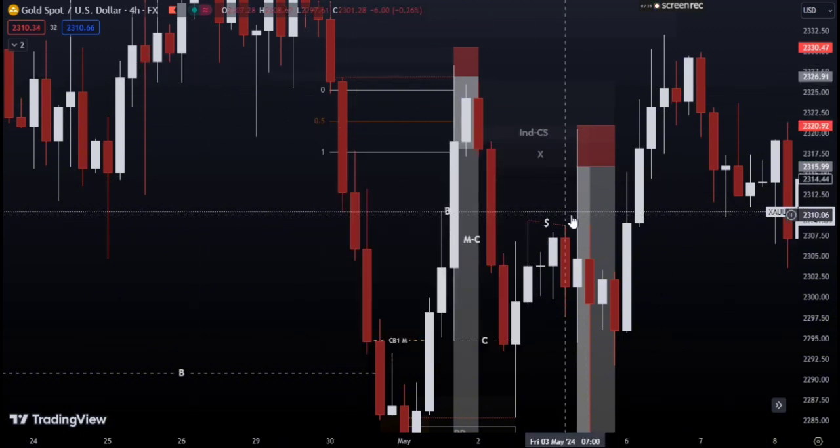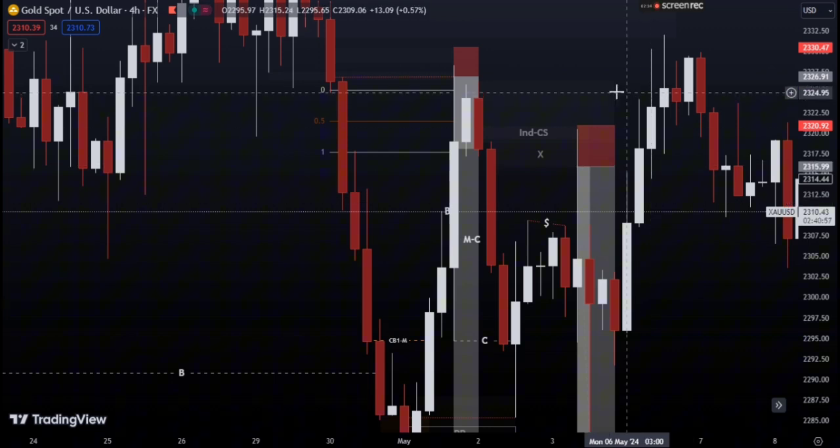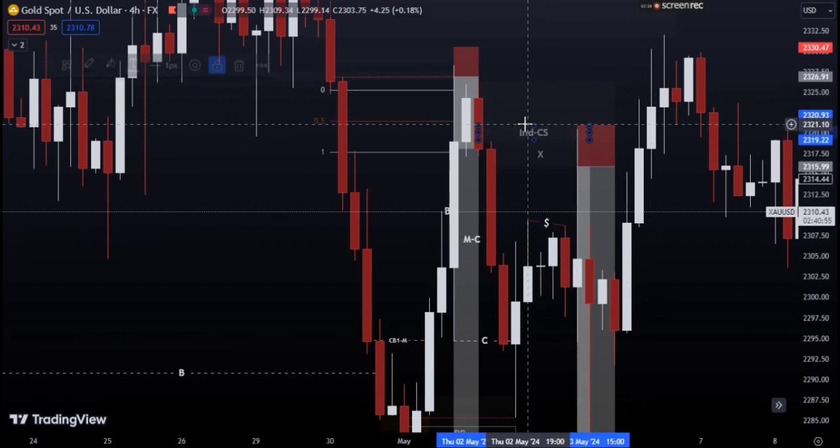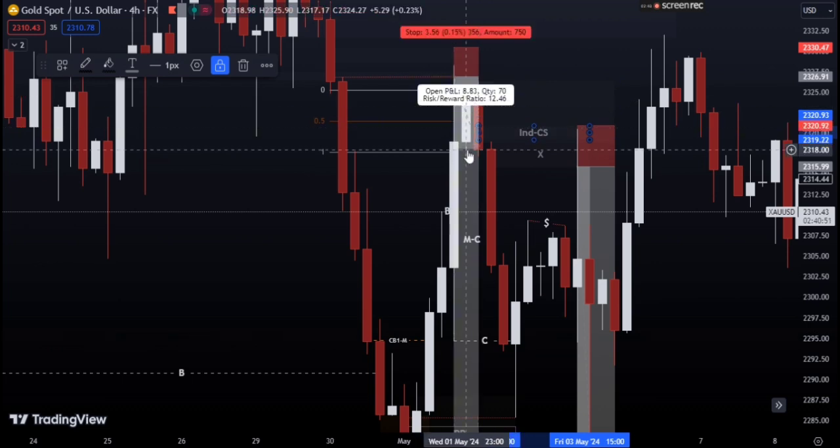And again, remember, as I said, the indecision candlestick is the one that holds much of the momentum to reverse or to continue the price. And when I look at this, the indecision is exactly within the higher time frame supply zone.